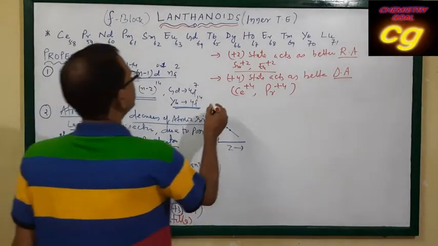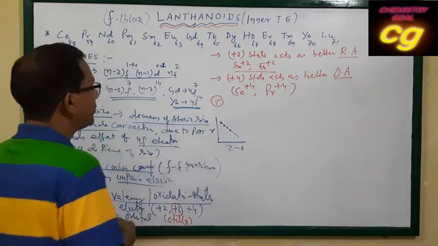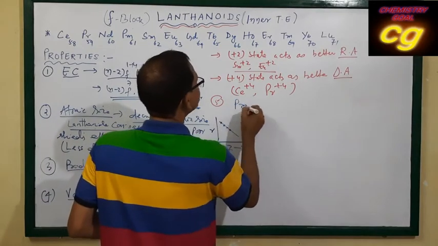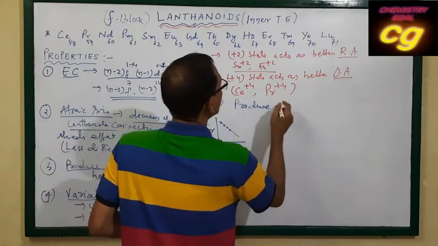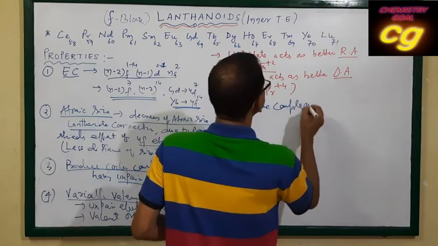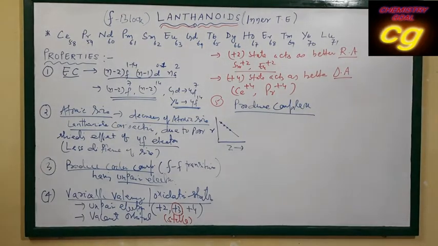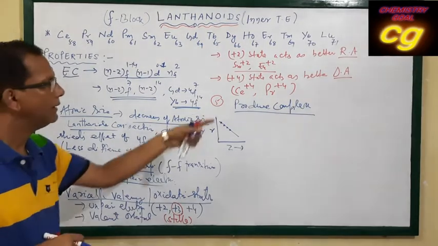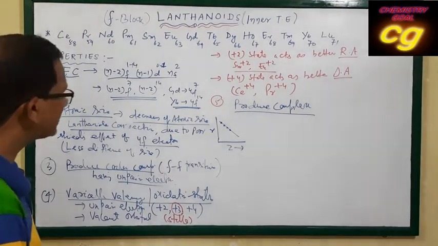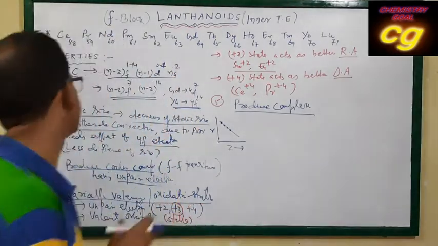Then they produce complexes. Important point is they produce complexes. Like your transition elements, they also produce complexes. Different types of complexes are available for lanthanides, but the tendency to form complexes compared to transition elements is less.